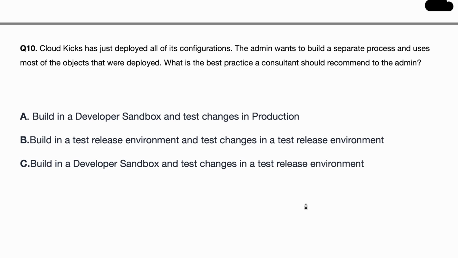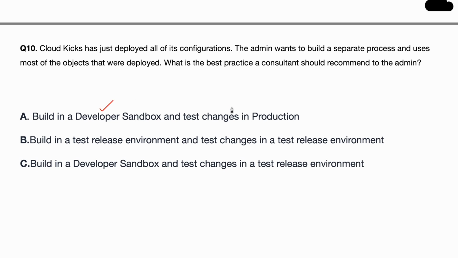So we have configurations. When you're doing this, you want to build in a developer sandbox and test in a test release environment. So we have our answer choices: build in a developer sandbox and test changes in production. That's not going to work. Build in developer sandbox is correct, right?